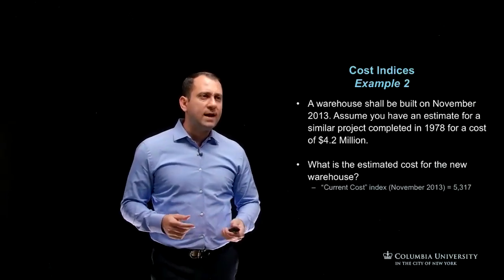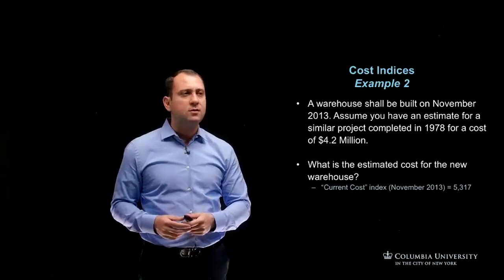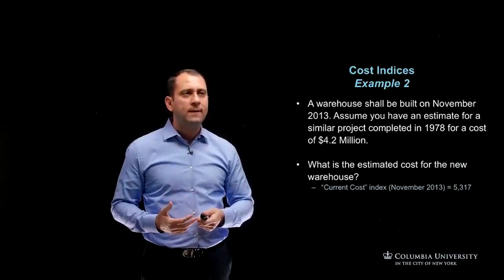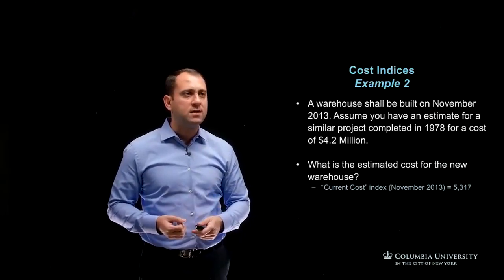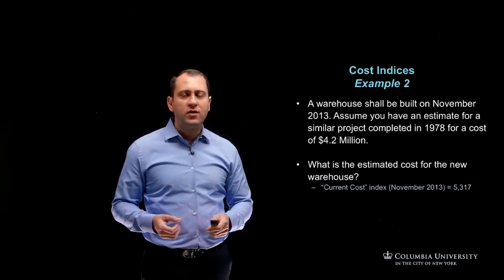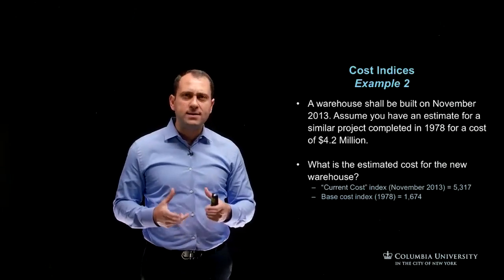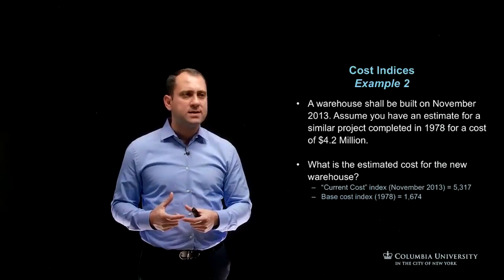So what I would say is that I would look at the publications and we find what is the cost index, the current one or the one in the time we want to build the house, which is 2013 in November. And we found it is 5,317. And then we look at the base cost index, as I mentioned in the previous example.